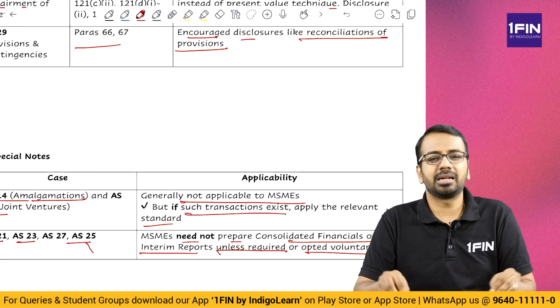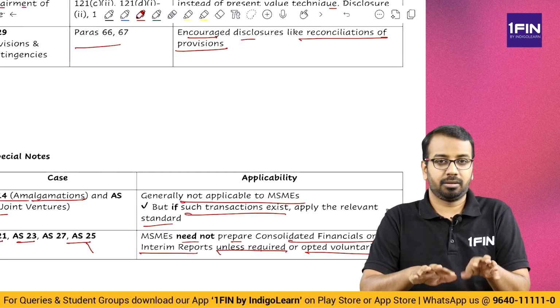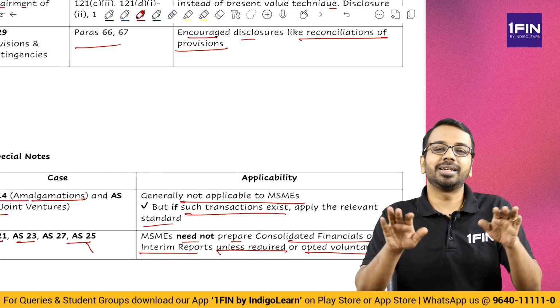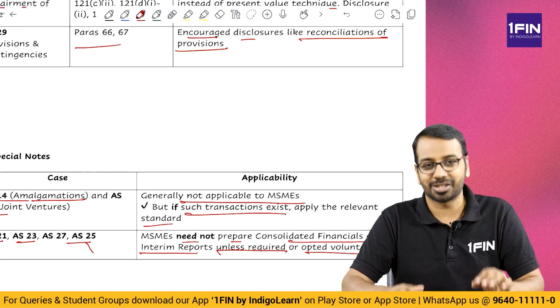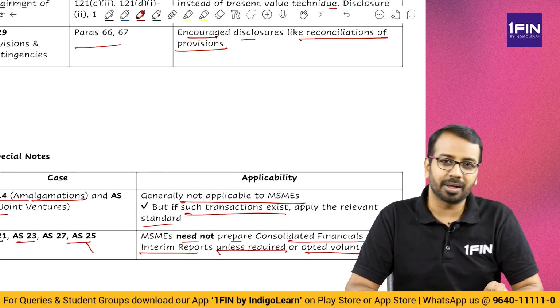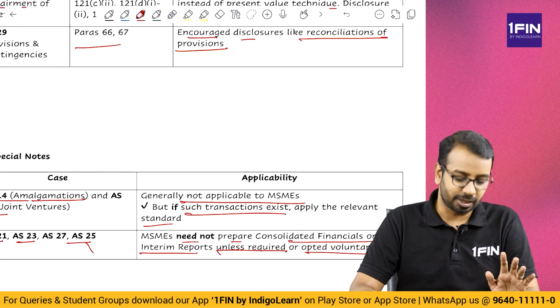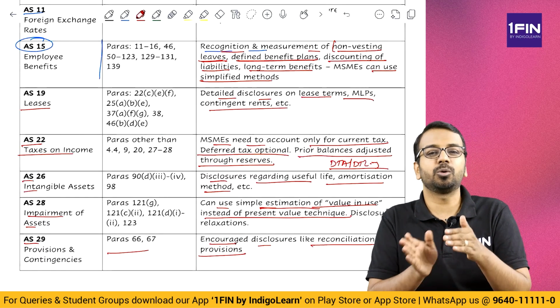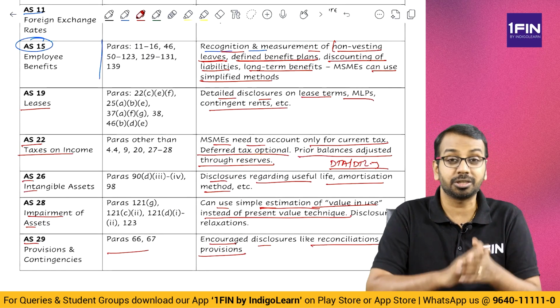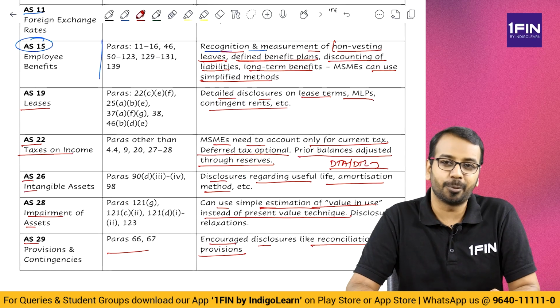So these standards are generally not applicable. However, if the entity voluntarily wants to prepare a consolidated financial statement, then they can very well prepare it. So these are the classifications related to non-company form of organizations for applicability of accounting standard.